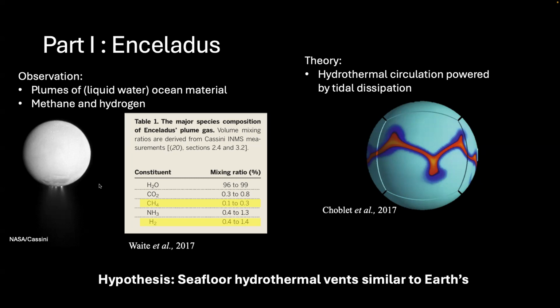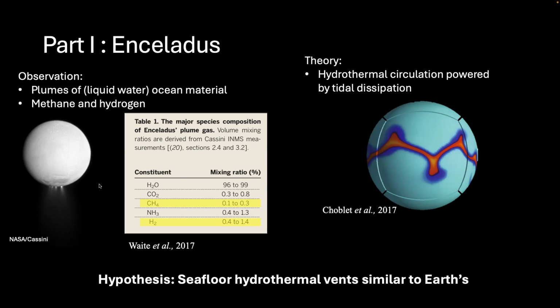The Cassini mission went there, took this nice picture, but also went through the plumes and performed some mass spectrometry on this material. In these plumes, the Cassini mission found evidence for methane and dihydrogen, which are pretty interesting volatiles because on Earth they're tied to a hydrothermal chemistry that we call serpentinization, where warm water interacts with crustal minerals and releases H2 and CH4.